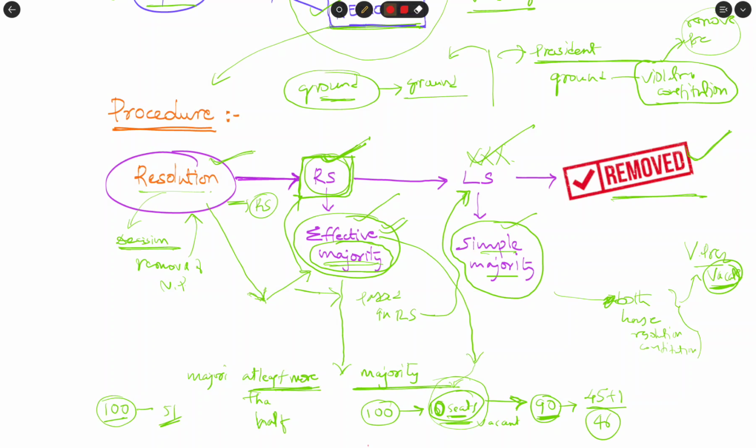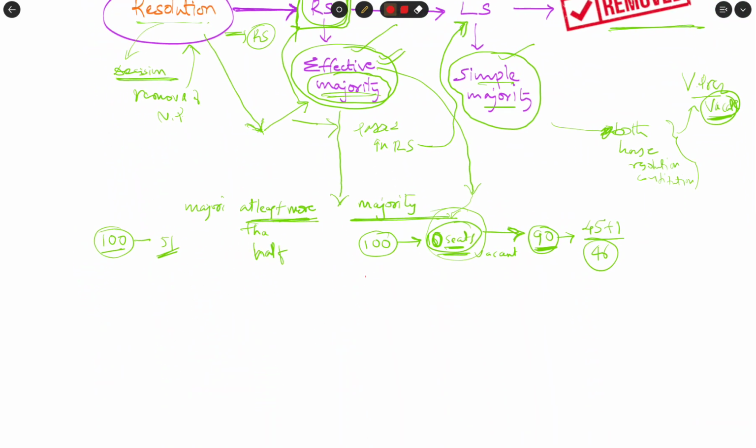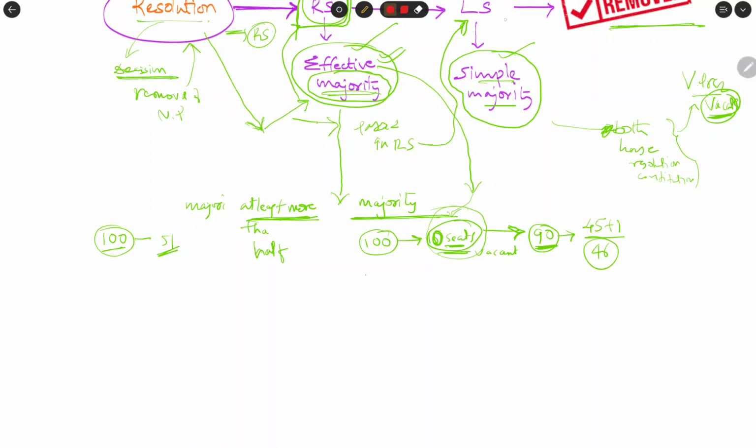Very simply, I will put it like this: while calculating the majority, they do not consider the vacant seats. This is what we call effective majority. Then what is simple majority? The Lok Sabha needs to pass the resolution with the simple majority.